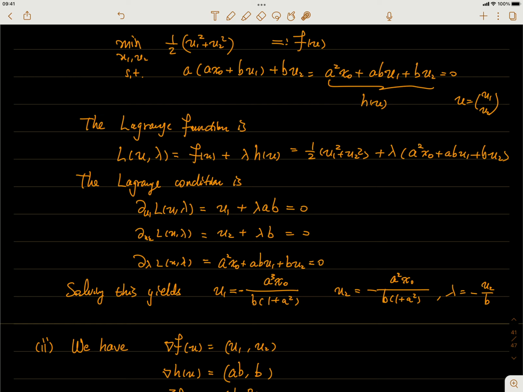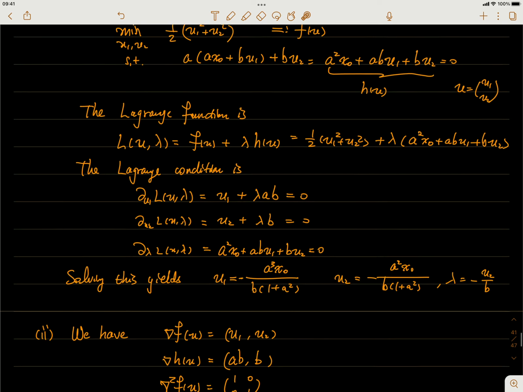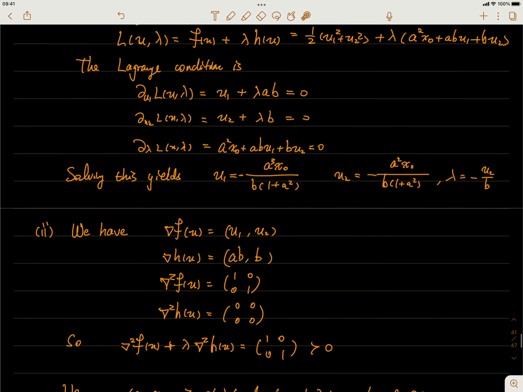For the second part, we just need to use the second order sufficient condition. To get that, we need to form this matrix and show that for any vector y in the tangent space, this is a positive number. For this particular problem, this is very easy to show. When we compute the gradient of f, that's just this.